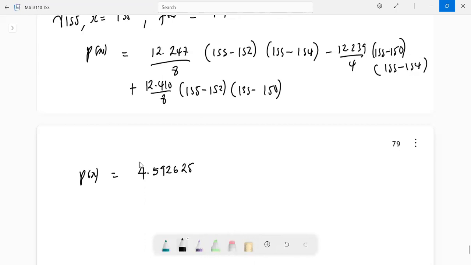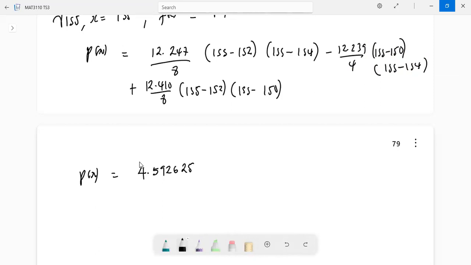And then we punch the second term here. That second term, we have negative 4.239 over 4 times 155 minus 150 times 155 minus 154.